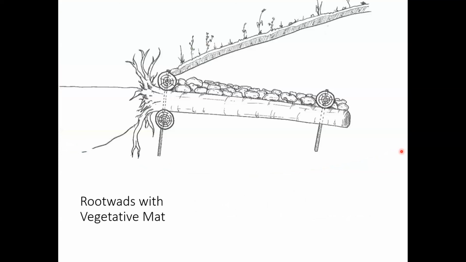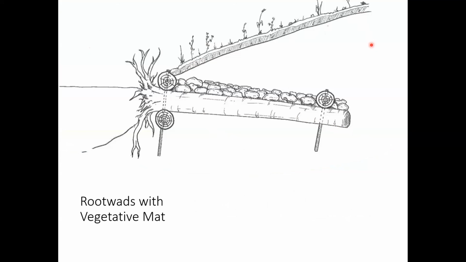There are several different revegetation techniques you can use on top of root wads. Once you get your root wad complete, you'll have a cribbing and your root wad installed, and you can do several different types of reveg. In this particular case, here's a drawing of a vegetative mat.